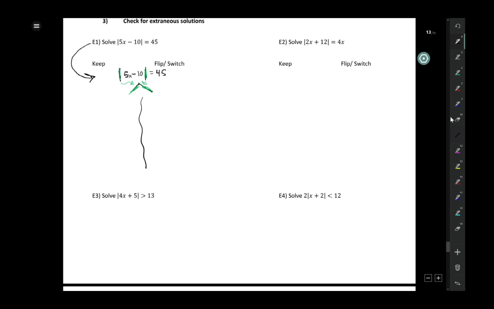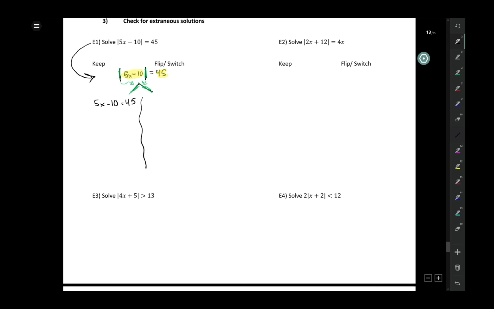One side you keep exactly the same: 5x - 10 = 45.